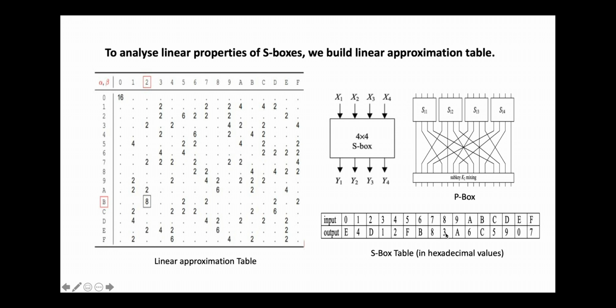So for 8, the output is 3. But this is wrong. The answer is again the same. The cipher is a black box and we don't know the actual input. We are just considering an active bit. It might be possible your actual input is x1 and x4. But because we are considering this bit, we have to find which output bit is most probable.